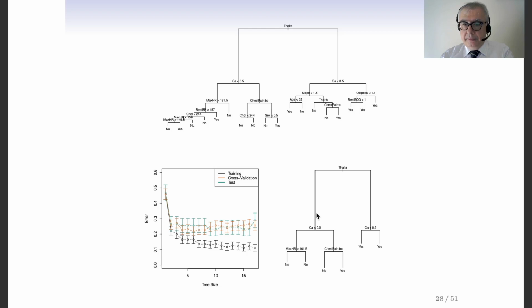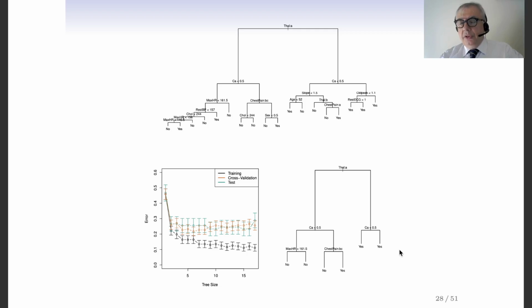All right. So this was a tree with a high complexity. You can start from this, okay, and proceed with pruning. After pruning, you get this one that seems nice because the complexity is moderate.